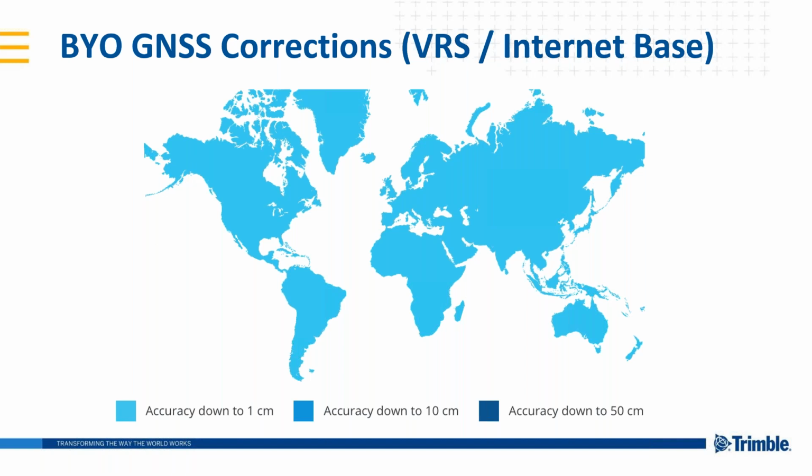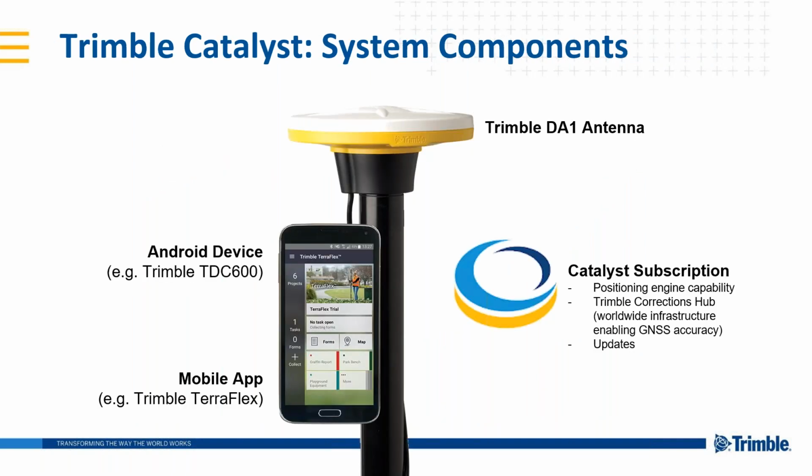And when it is connected into that local correction, it will achieve the highest level of accuracy. So that is a quick summary of all of the components that make up the Trimble Catalyst system.